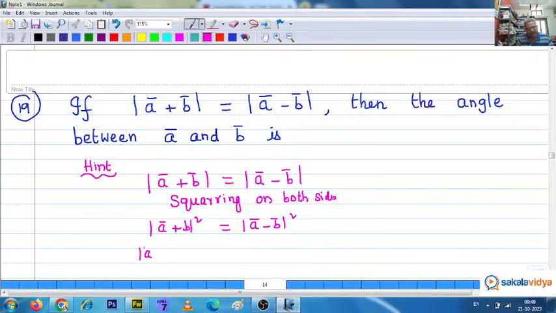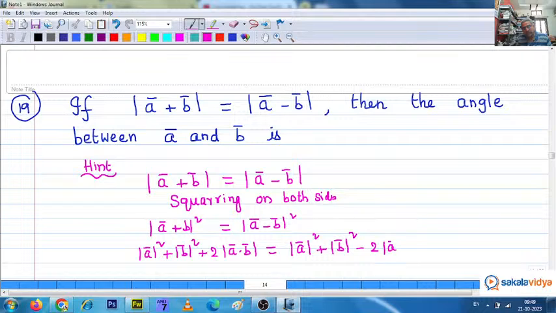Using the formula, mod A square plus mod B square plus 2 mod A dot mod B equals, in a similar fashion on the right hand side, mod A square plus mod B square minus 2 mod A mod B. So my dear students, please remember mod A square gets cancelled, mod B square and mod B square also. So what do we have remaining here?